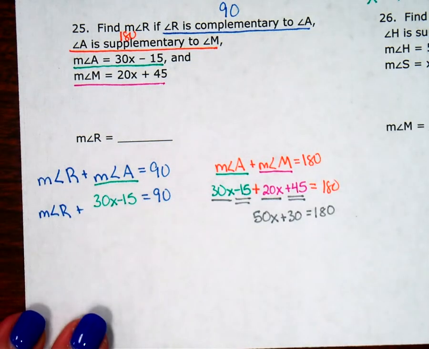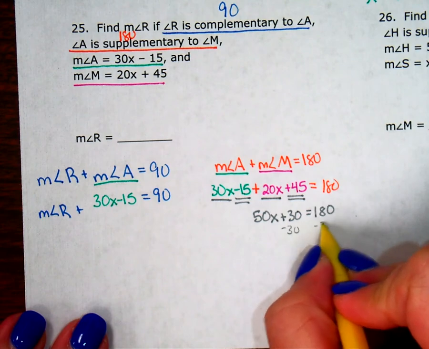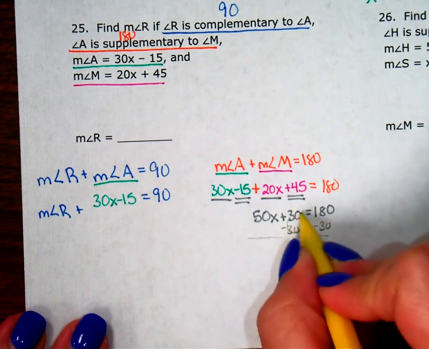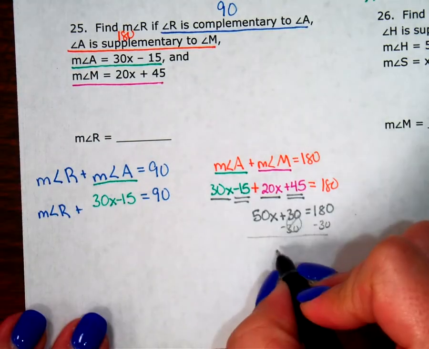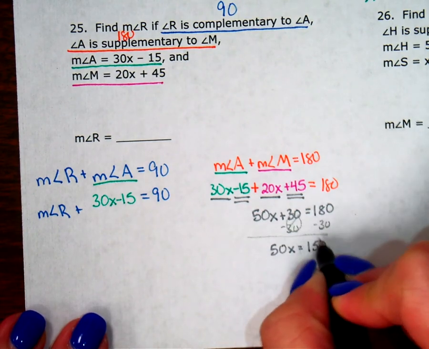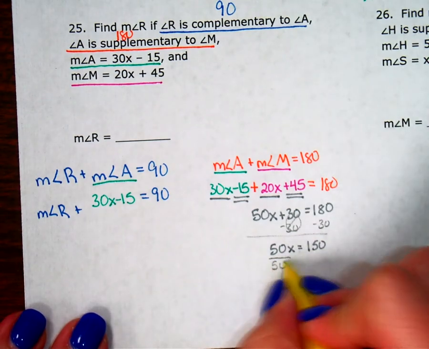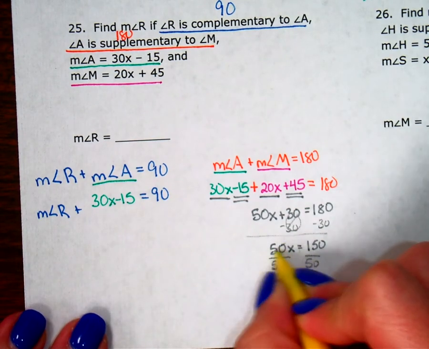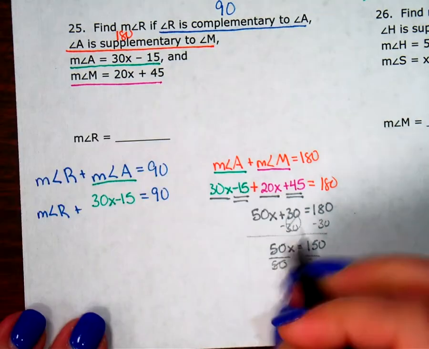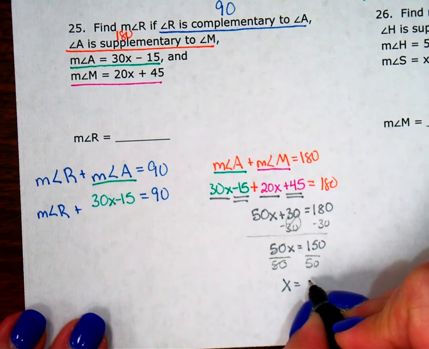I'm going to subtract 30 on both sides, which leaves me with 50x equals 150. I use my division property of equality to divide both sides by 50, and x equals 150 divided by 50, which is 3.